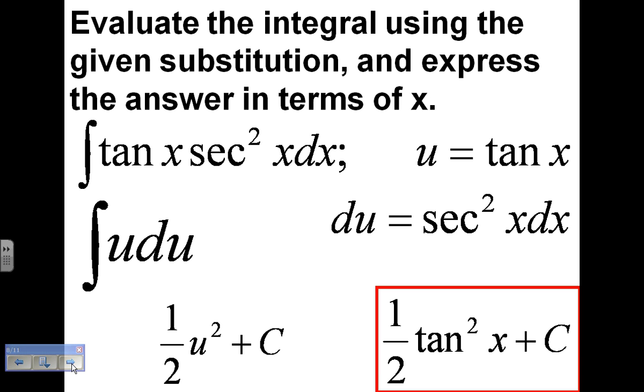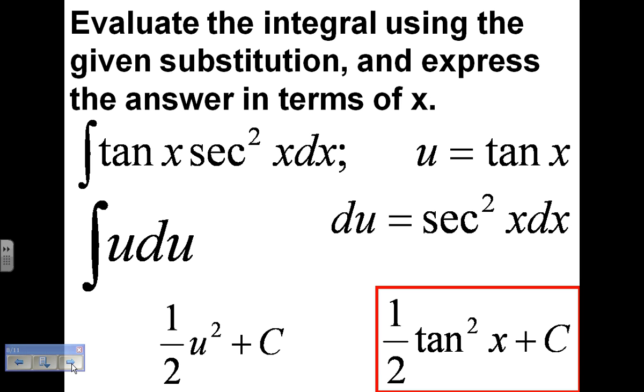Have I made any mathematical mistakes in any of the arguments or any of the substitutions? Yet this integral equals 1/2 secant squared x plus c. But that's not what we got for our answer. We got 1/2 tangent squared plus c.